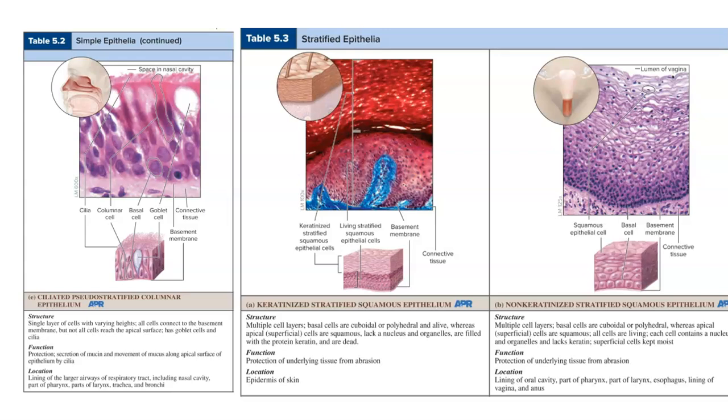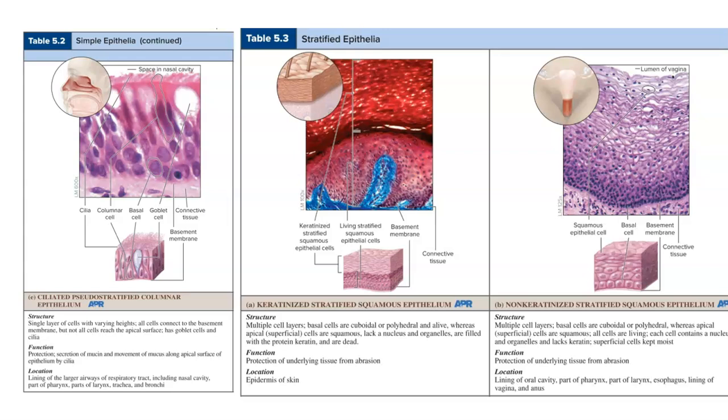So in the base layer of these stratified epithelial, we have something called stem cells. Those stem cells are constantly dividing, and when they do so, they create one cell that's going to remain a stem cell. The other cell is going to be the epithelial cell that does the job of that particular type of tissue, right?